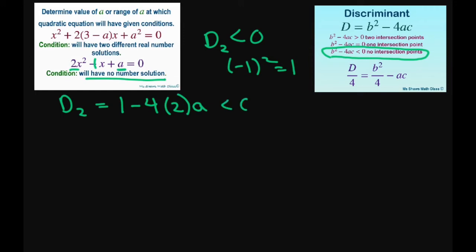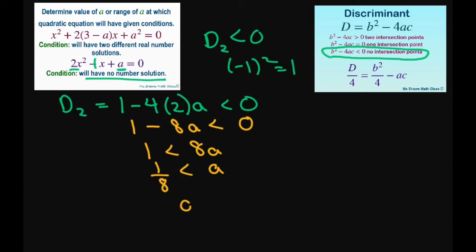This has to be less than 0. So we have 1 minus 8a is less than 0, or 1 is less than 8a, or a is greater than 1/8.